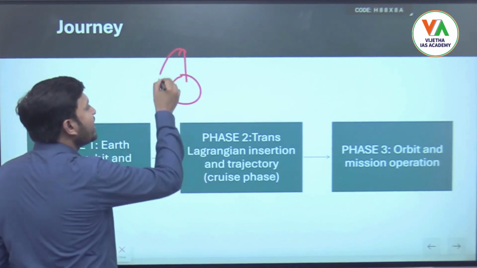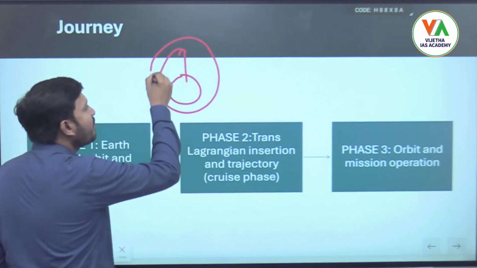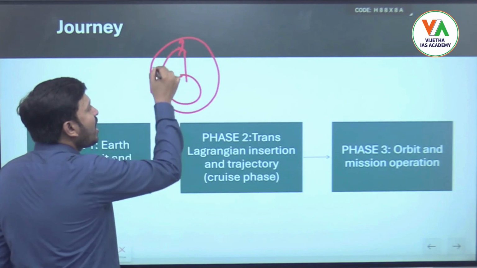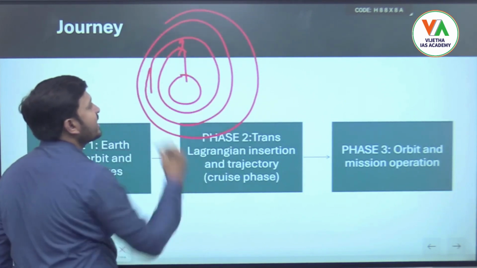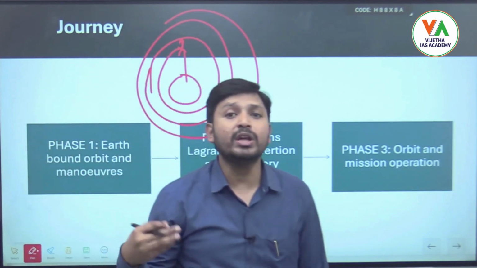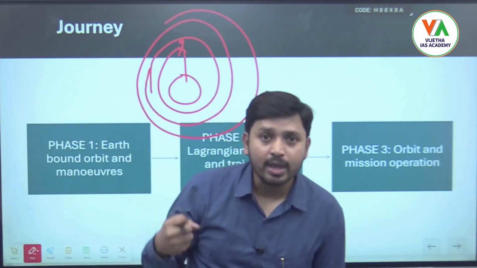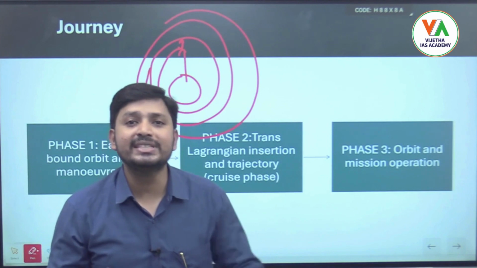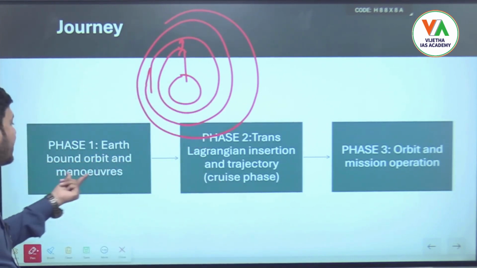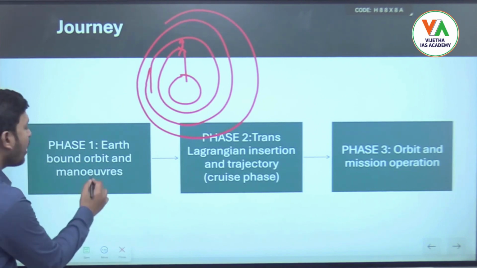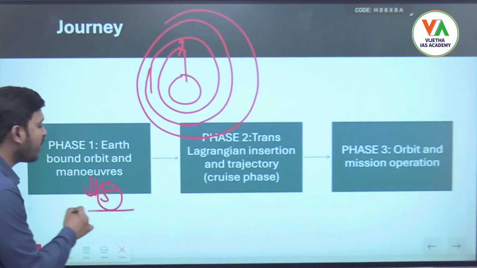So now from here it will go like this. Okay, with the distance of the second round increased, third round increased, fourth round increased. Okay, like that in total we have done 5 maneuverings in the first phase of the Aditya mission, which is called the earthbound orbit and maneuvers. Okay, how many maneuvers we have done? 5 maneuvers we have done in this one.